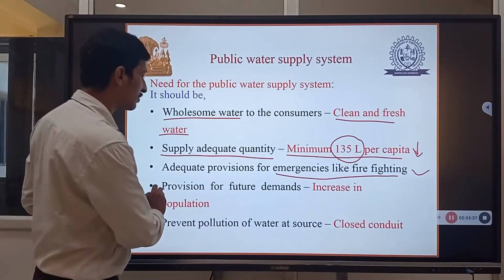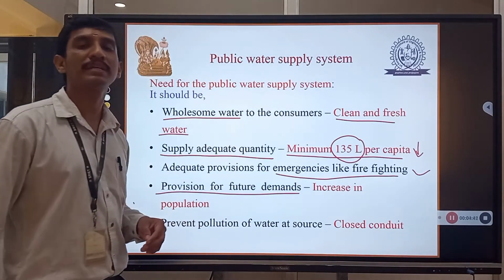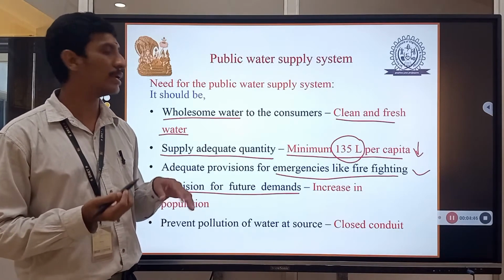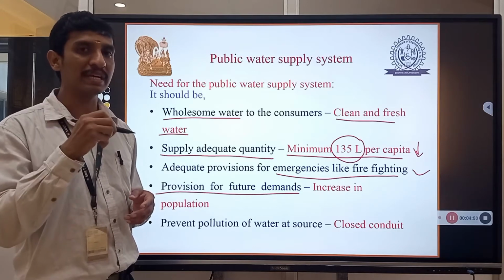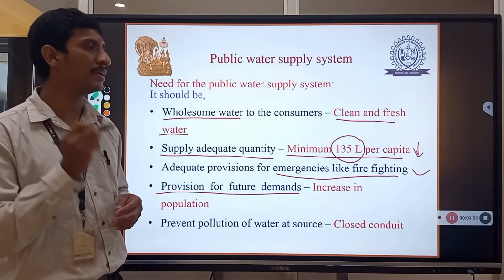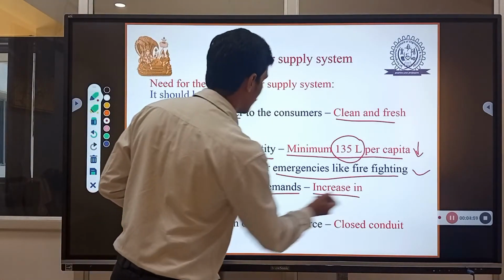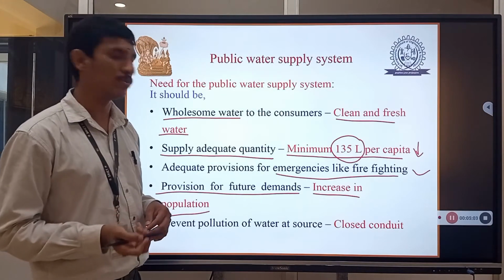Next, provision for future demand. If we provide a pipe in a particular area, we also need to consider any future expansion of that area. In this we consider providing water pipelines and stream inlets and so on.